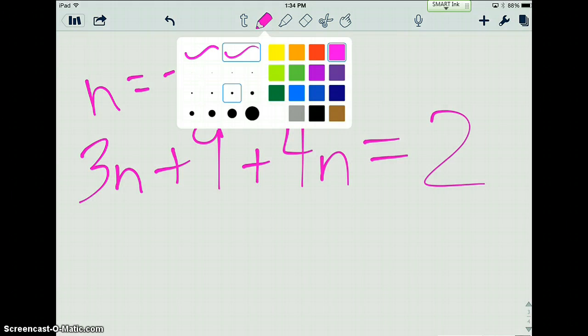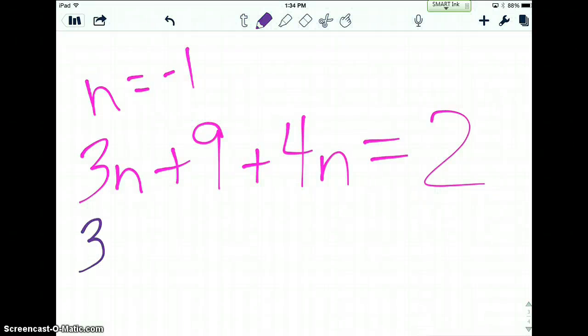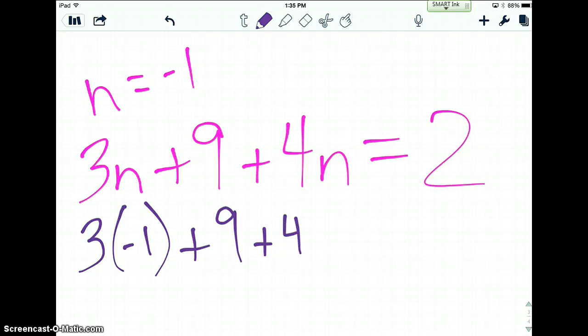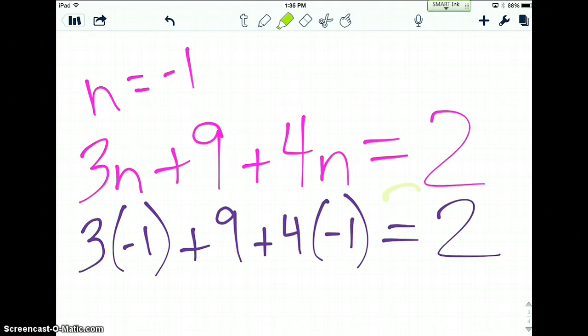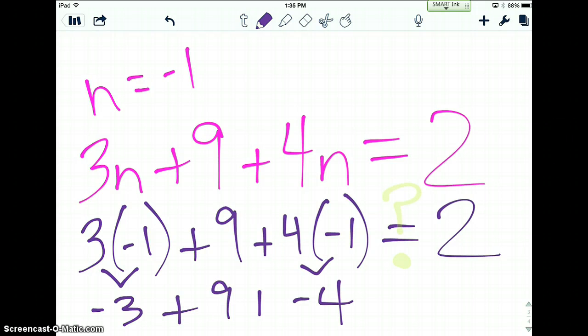So if I plug in negative 1 for n, I'm going to have 3 times negative 1 plus 9 plus 4 times negative 1. And I am checking if that's going to be 2. So this is me question marking it, saying, is it 2? I'm hoping it is. So now I have to use my order of operations over here. I'm going to multiply first. I'm going to bring down the rest of the problem.